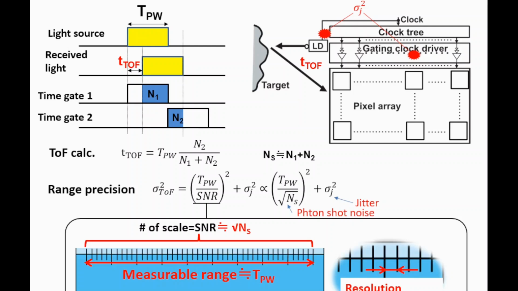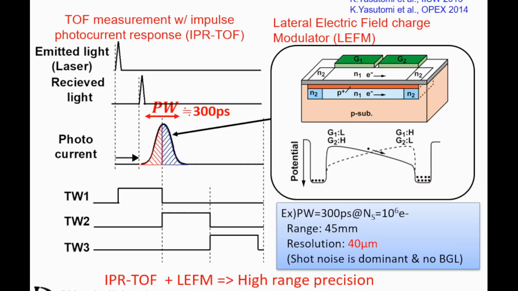To improve the first term, we propose ToF measurement by using impulse photocurrent response. In this method, we use a short pulse laser whose pulse width is almost 100 picoseconds. This pulse generates a photocurrent like this, and by using this photocurrent response, we can calculate the time of flight.